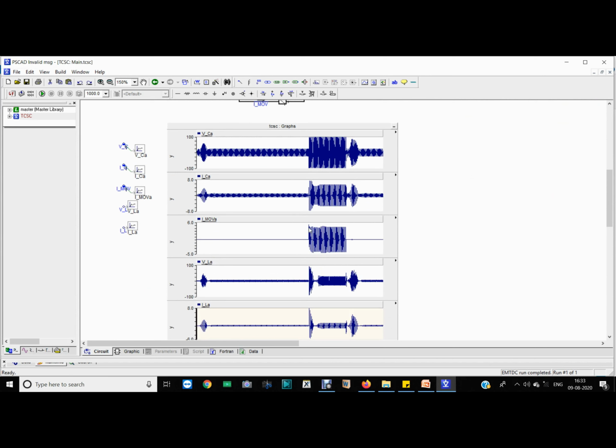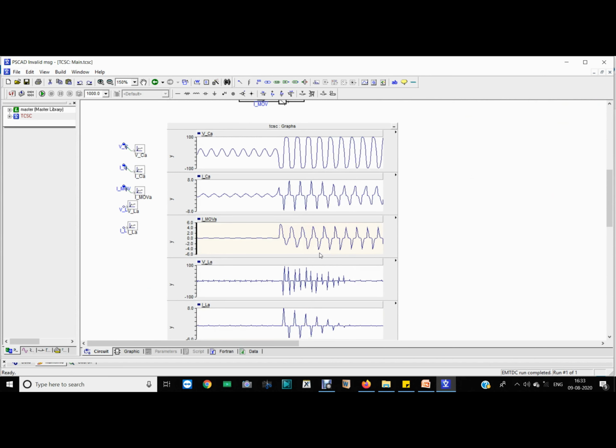We see that the MOV current is like this, and the voltage across the capacitor is a little flat top, you can say, and part of the capacitive current is flowing through this MOV.